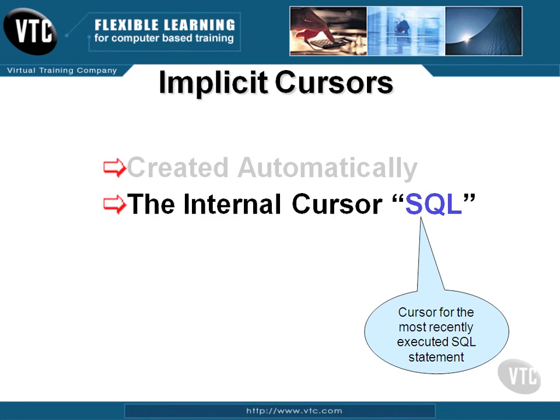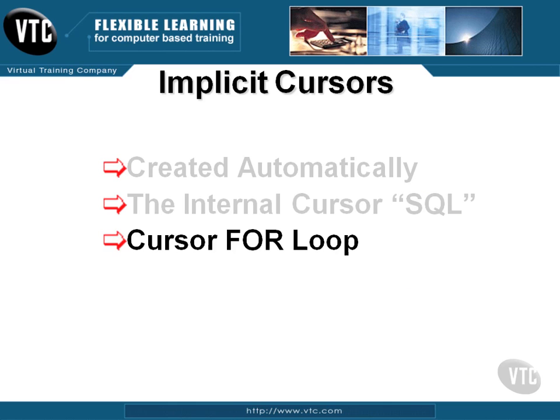It's actually called SQL, and you can access the values of it to find out what's going on with a current query that is currently running. There is also a thing called a cursor for loop, where you define a for loop as a query, which we'll see by example shortly. So now let's look at some simple script examples.